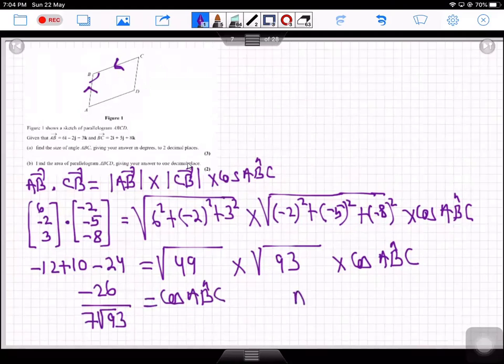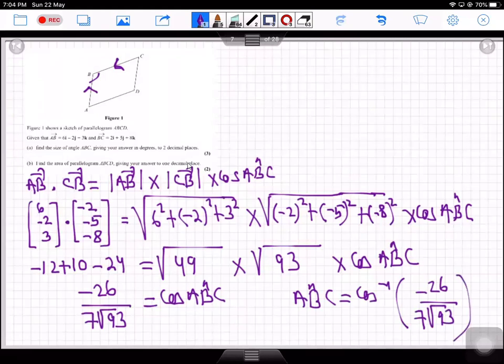Therefore, angle ABC is equal to cos inverse of minus 26 divided by 7 times the square root of 93. And as we know the scalar product is negative, the angle would be obtuse; even our observation already told us that the angle between the two vectors is obtuse.